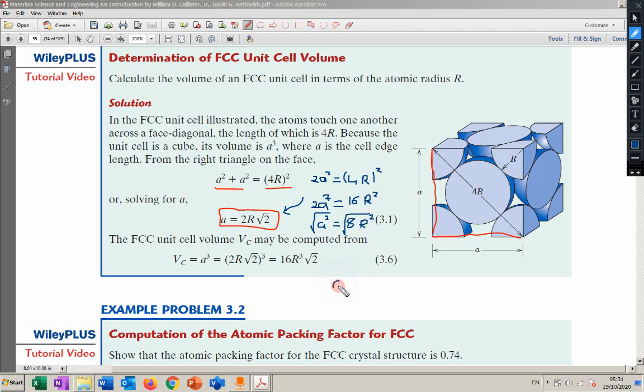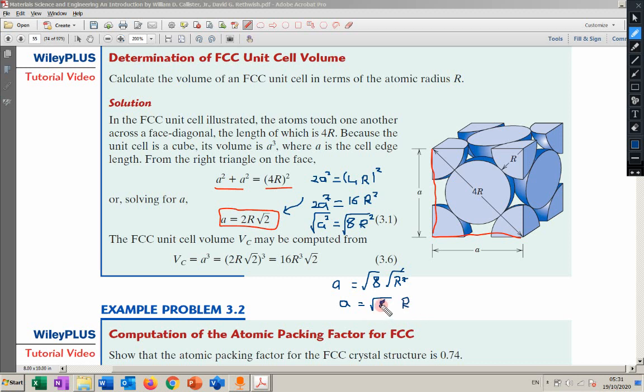Now take the root. This will be A. The other side will be root 8 and root R squared. We know that the square is going to go with the root. A is equal to root 8 R. This is the relation we have.